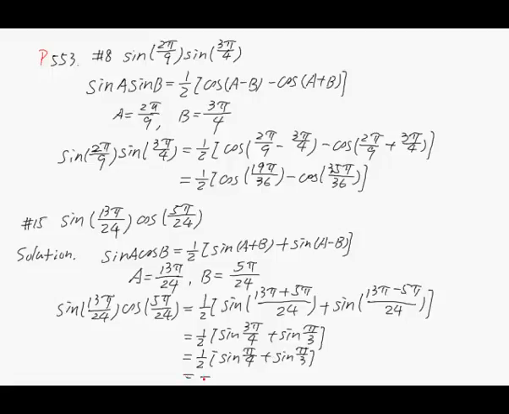Then finally, you get 1/2 times root 2 over 2 plus root 3 over 2. So finally, you get root 2 plus root 3 over 4. Done.